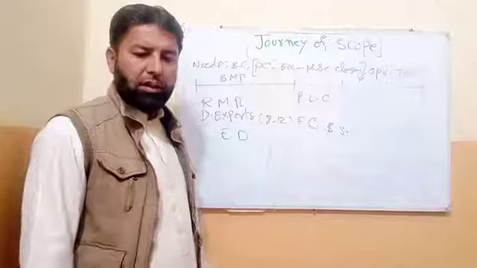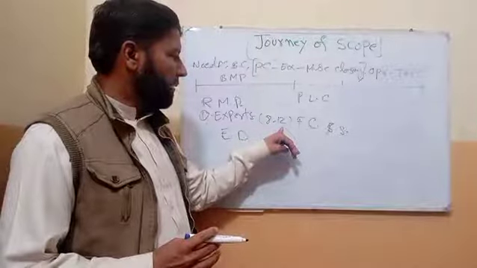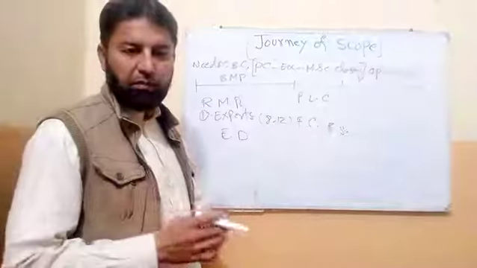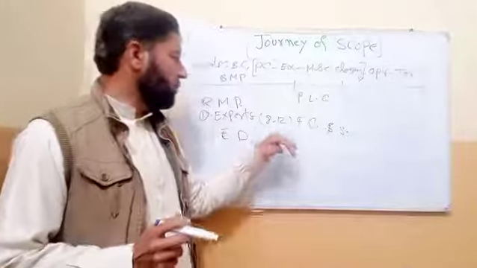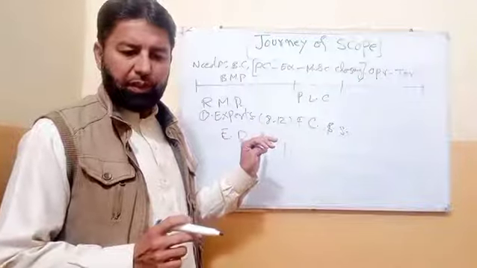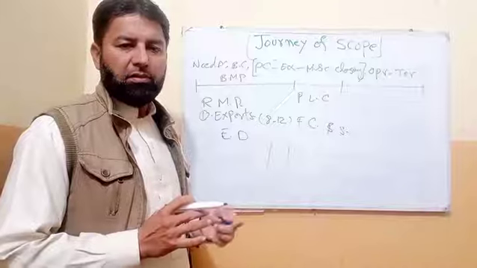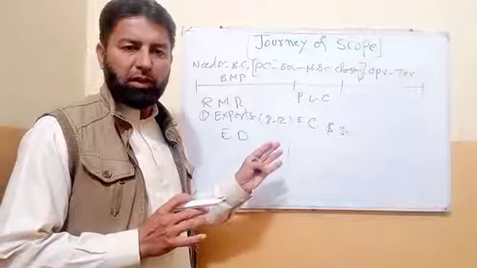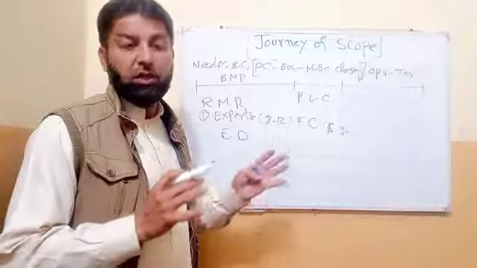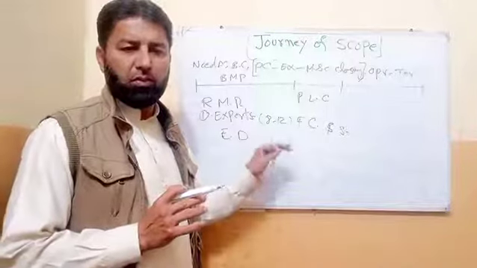When there are more than 8 to 12 experts, we call it a facilitated workshop, which we also use to collect the requirements. Then prototype. We make a prototype and give it to the sponsor, and we check and identify the requirements. Prototype we mostly use in quality, but we can use it here also.